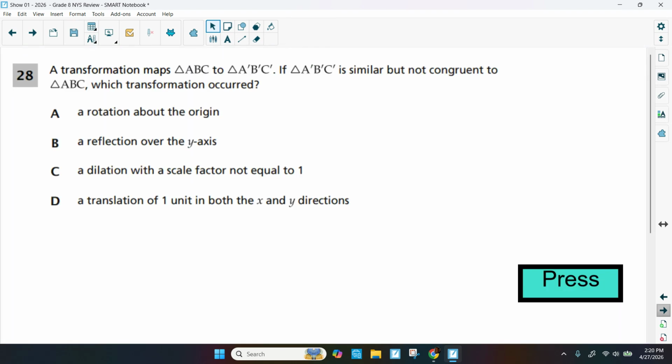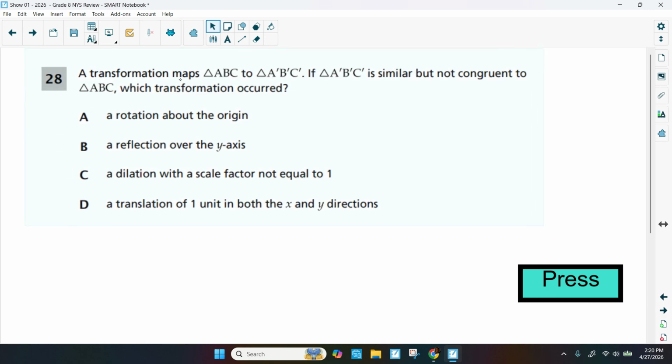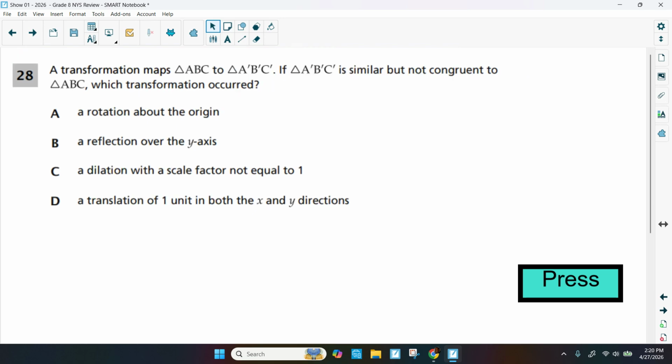A transformation maps triangle ABC to triangle A prime, B prime, C prime, and maps means matches up. I gotta choose my color first. All right, so it's gonna match that ABC to A prime, B prime, C prime triangle.